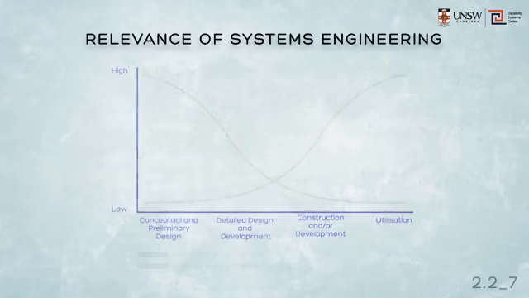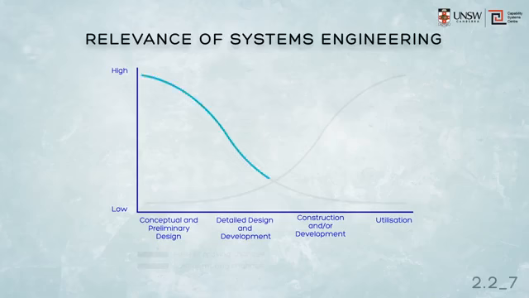Now the figure here provides a simplistic illustration of the impact of systems engineering on the system lifecycle. This curve shows that systems engineering has its greatest impact through the rigorous application of processes and methodologies during the early stages of the project, where it's easy to change and cheap to modify. In fact, the curve in the figure has been labelled as the ease with which changes can be made throughout the system lifecycle.